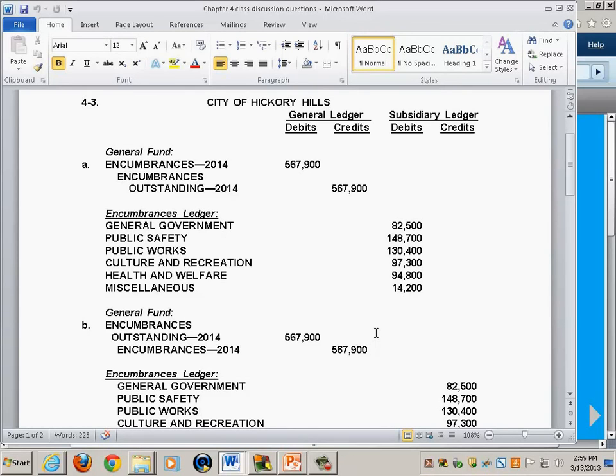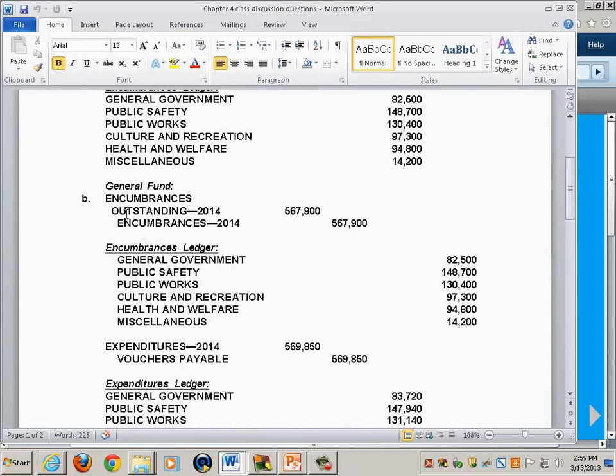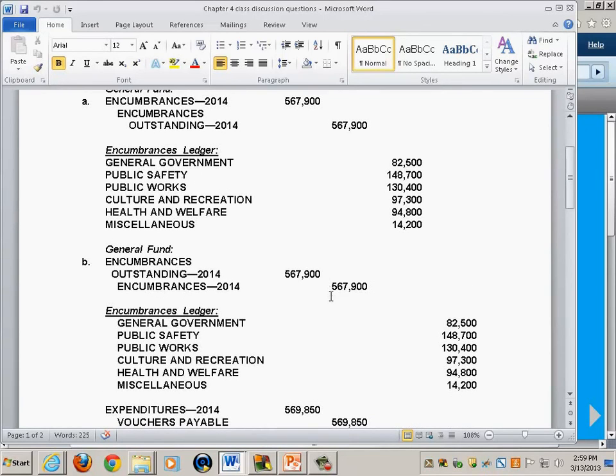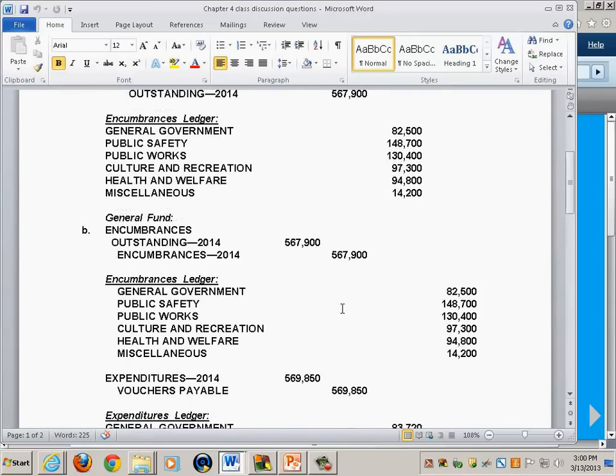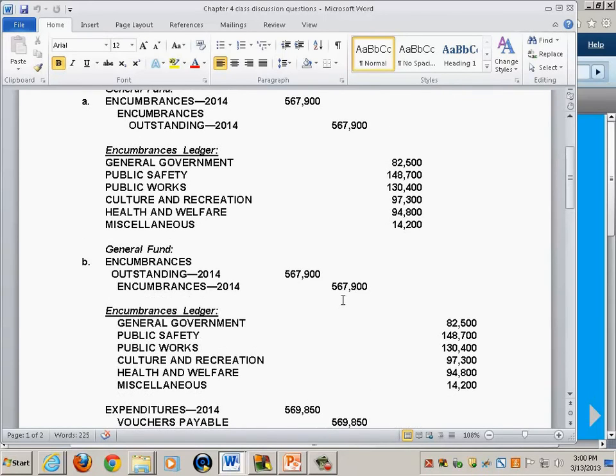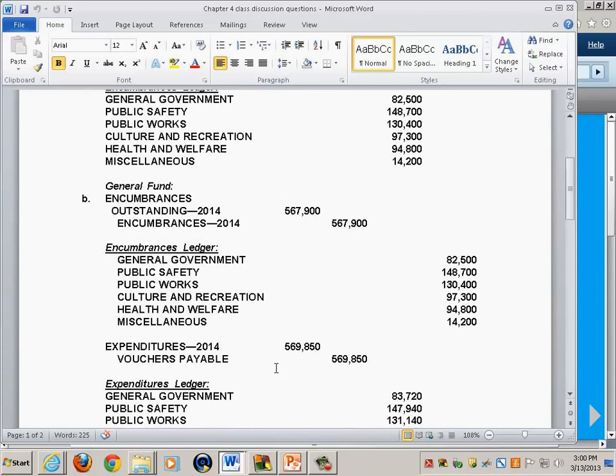What's the second entry after that? We got 569,850, right? But what do you see now? You see the reversal of the original amount, right? This was the original, and you see this reversal. And what do you book?